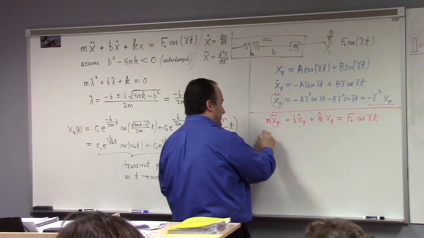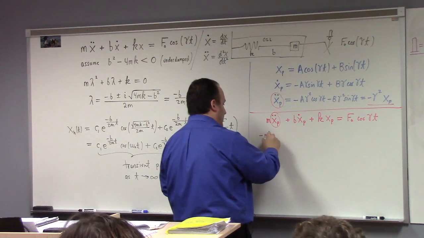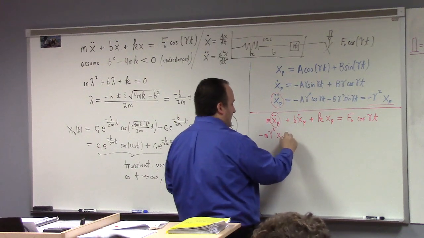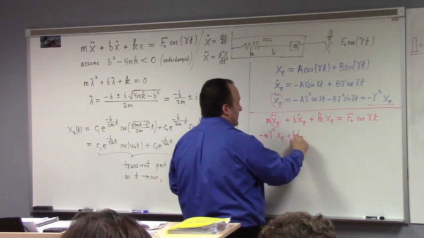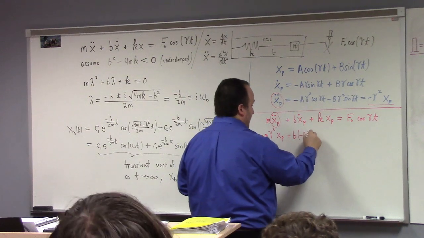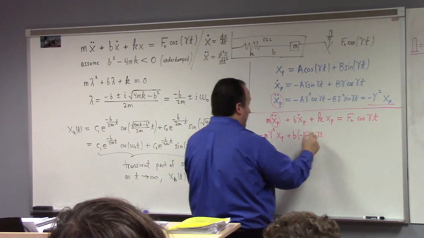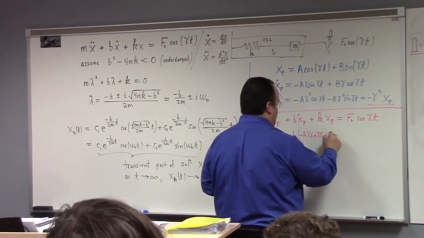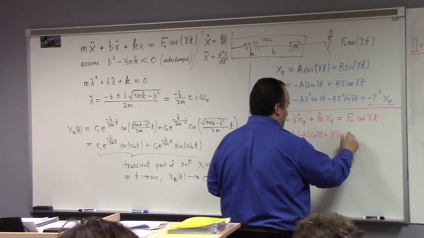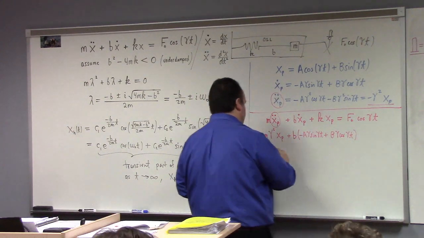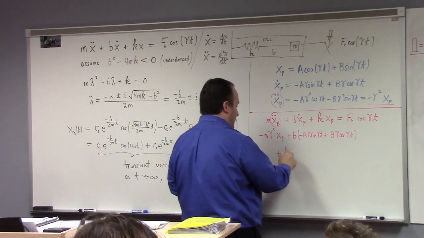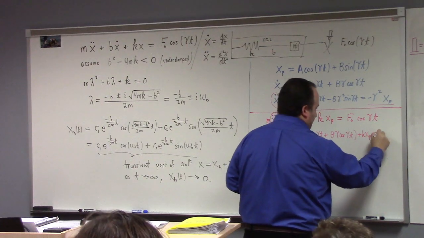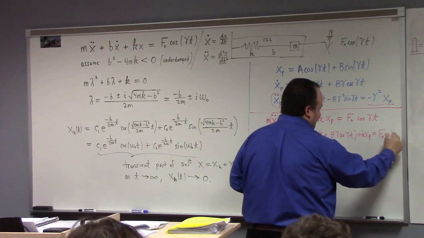So I have minus m gamma squared xp, and then I've got plus b times minus a gamma sine gamma t, plus b gamma cosine gamma t, plus k xp. Well, I can do it up here. Equals f naught cosine gamma t.